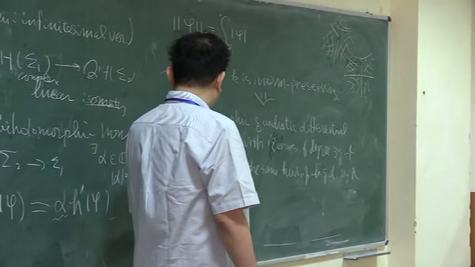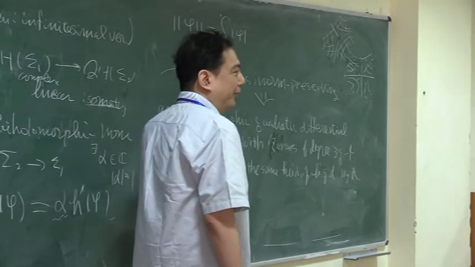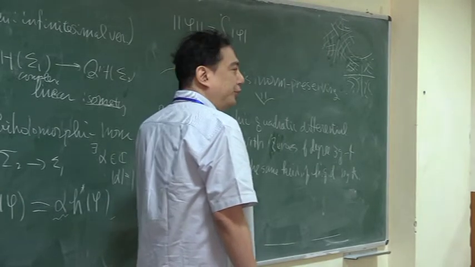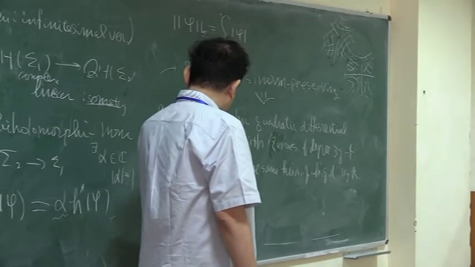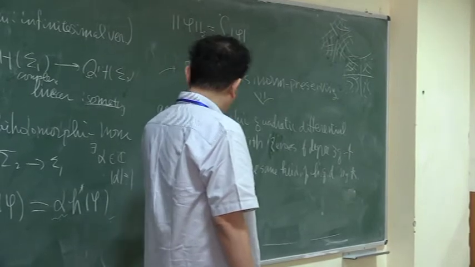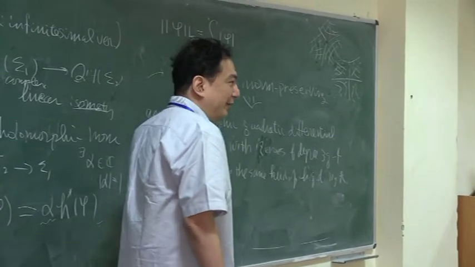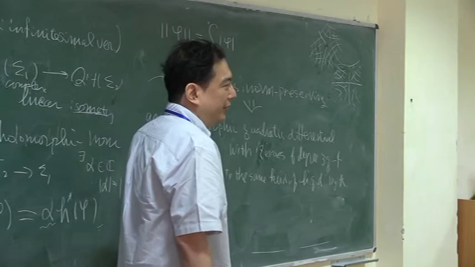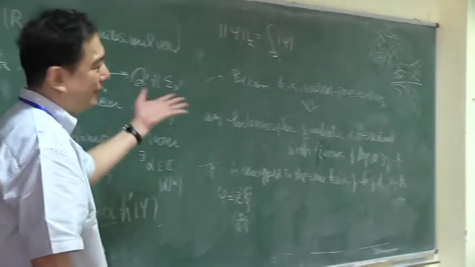So you can divide phi by z, and you have a still holomorphic function. So this is the degree 1, 0. If you start from the third one, then you can divide the function by z again. So this is degree 2, 0. Okay, so the naming is something like that.